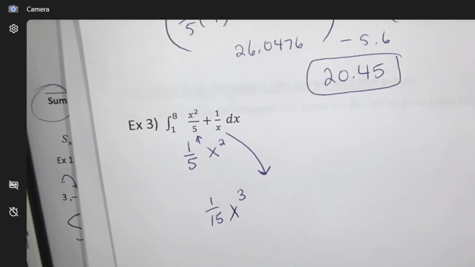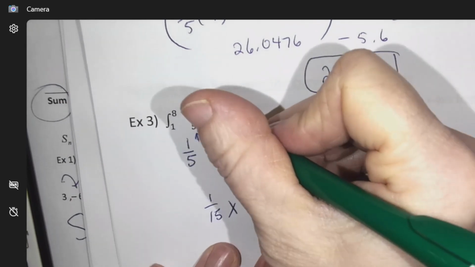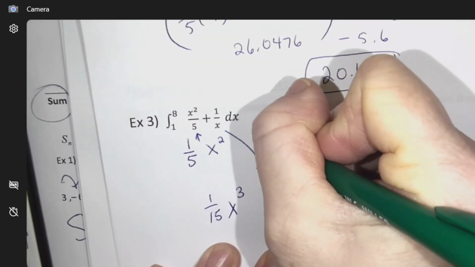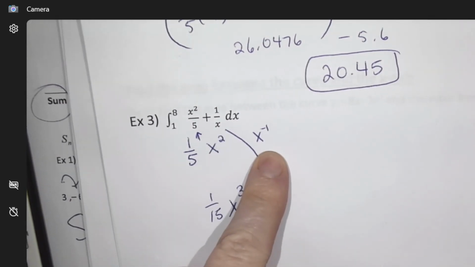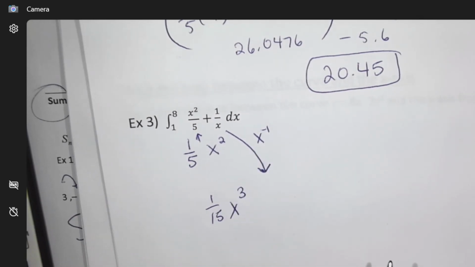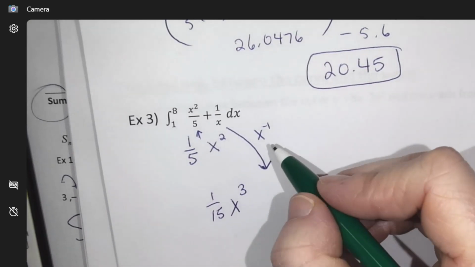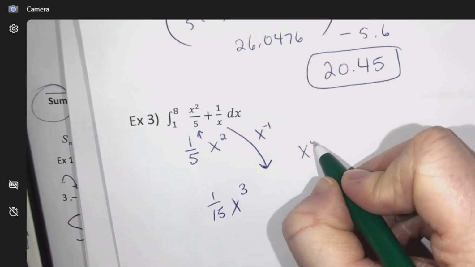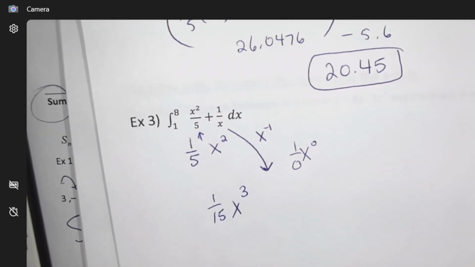Okay, anybody have something with the 1 over ln? Yeah. Okay, what if you forgot? I'm going to show you if you forgot. First of all, this would have been x to the -1, right? That's the original. So if you had forgotten and tried to go up 1, it'd be 0 and then divide.